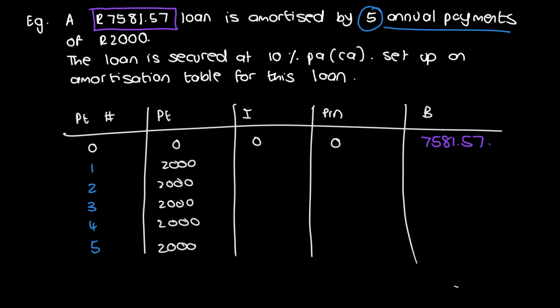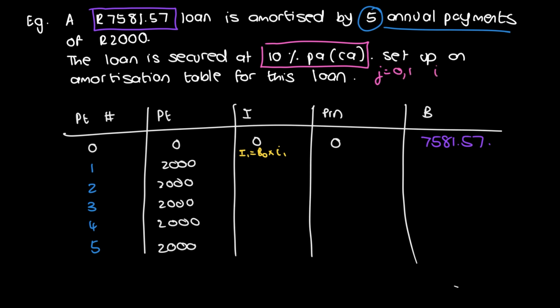Now we can work out what the interest for payment 1 is. So I1 is equal to B0 times the effective interest, which is i1. Now, if we look at our information, we're going to see that we have the nominal interest given to us. So we have J is equal to 0.1.